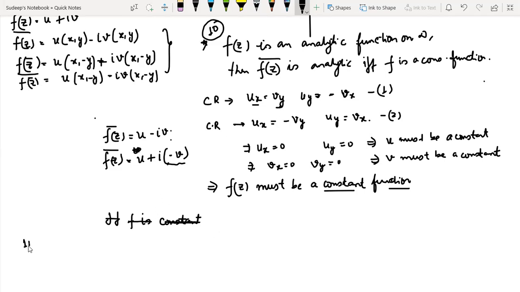Okay. Now, another result that I'm now claiming here is this. And what is it?